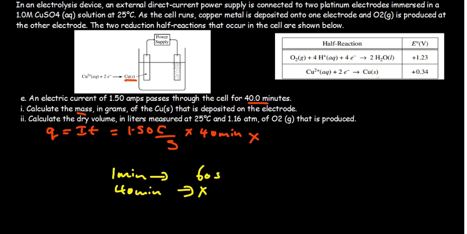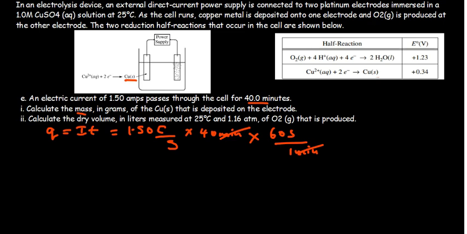So the minutes will go and you remain with the seconds. So we'll multiply 1.5 by 40 by 60, giving us 3,600 coulomb there. So we've determined our charge, which is the first step.